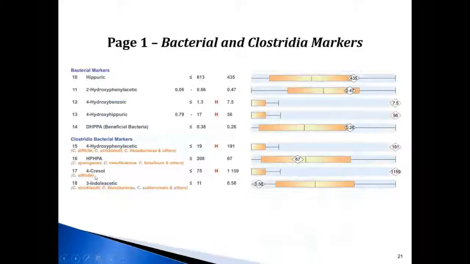Clostridia bacteria will use or can use the amino acid tyrosine to make 4-creosol. Other Clostridia bacteria can use the amino acid phenylalanine to make HPHPA. C. difficile really likes tyrosine.